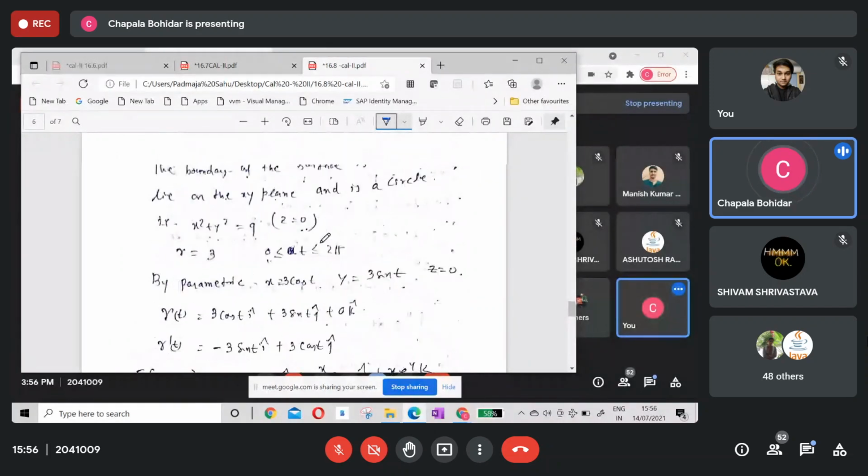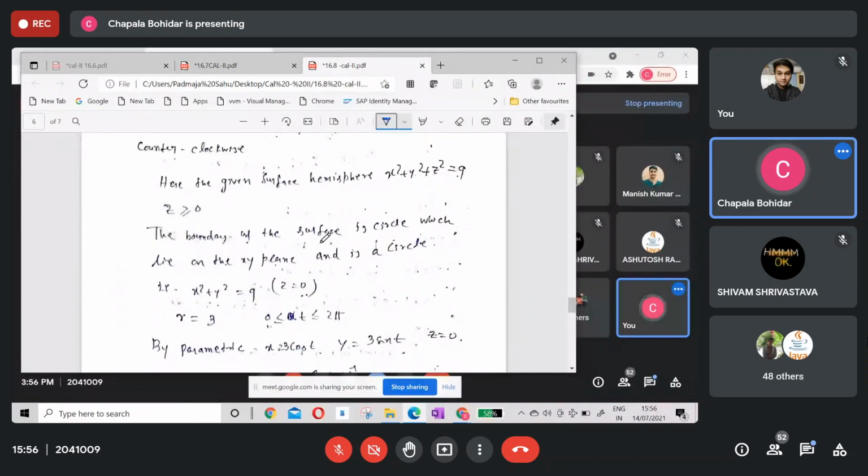The boundary of the surface is a circle which lies on the xy plane, that is x square plus y square is equal to 9. In the xy plane, z is equal to 0.